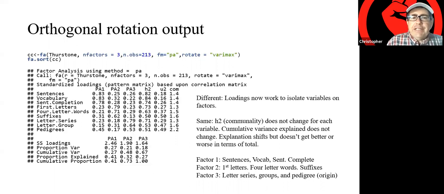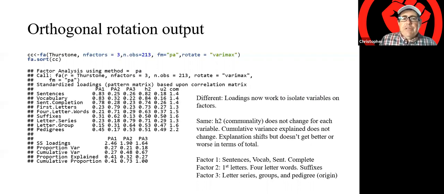And then for the last 3, we see smaller loadings of 0.18, 0.31, 0.17 for PA2. For the third factor, we see that it's the last 3 variables that have the highest loadings, and relatively small loadings on all of the others.